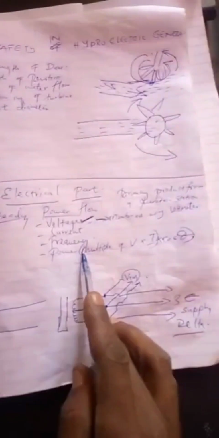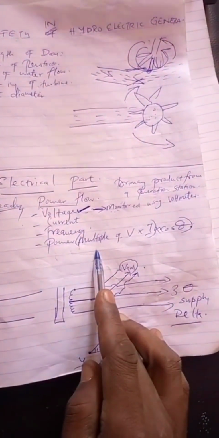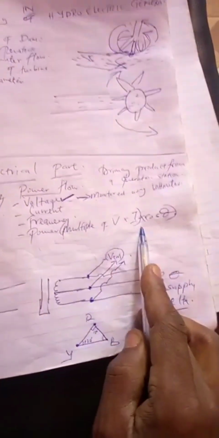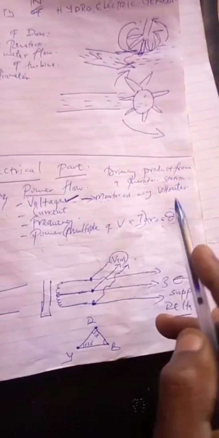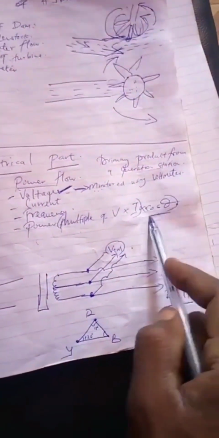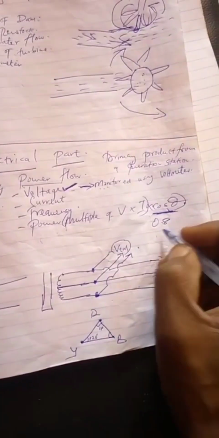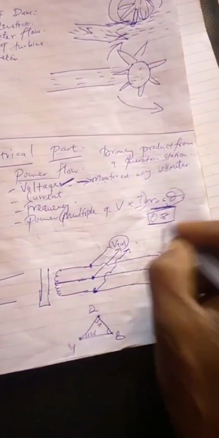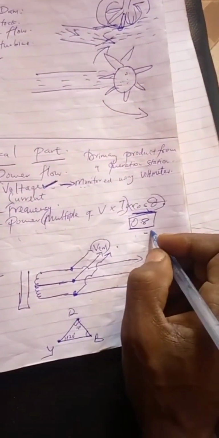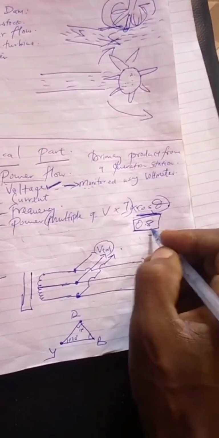So then we have power. Remember, we said power is a product of voltage and current times power factor. Power factor in this case is considered to be mostly 0.8, but this is instrumentally corrected by the PLC itself.